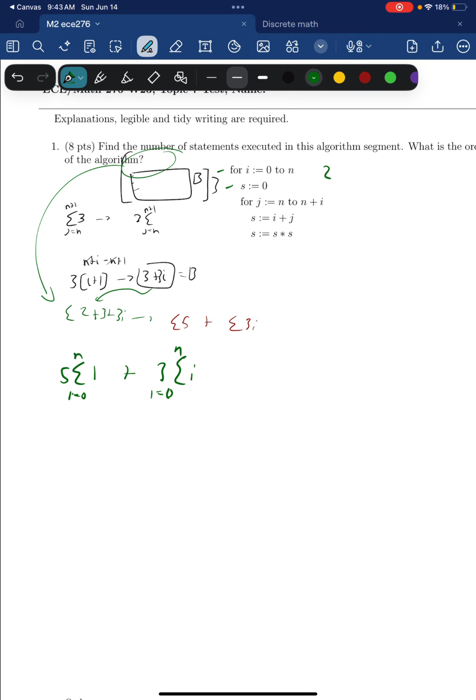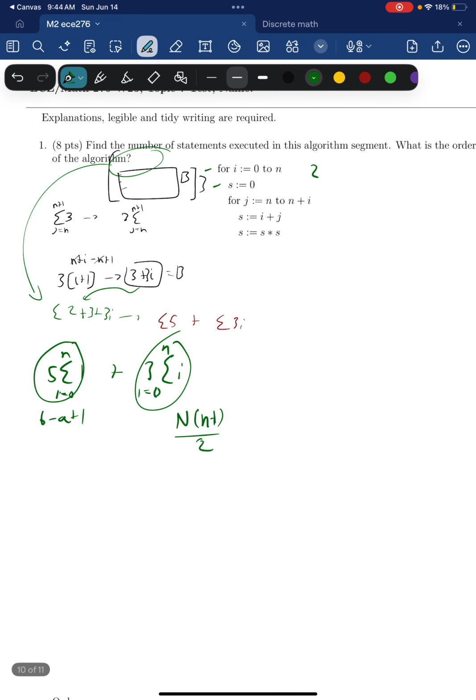What you want to do now is just put the formula for this and the formula for this. For this one, it's b minus a plus 1. For this one, it's n times n minus 1 over 2. And that's that for that. You just got to do it now.